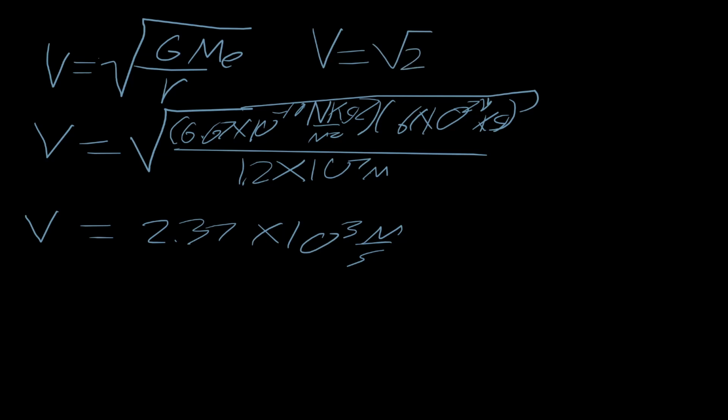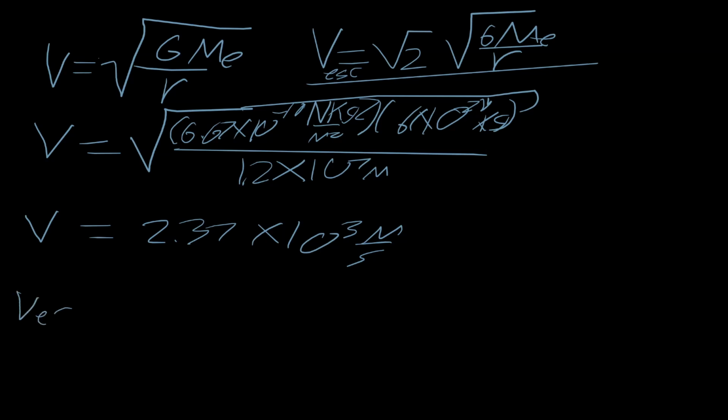It is just the square root of 2 times our gravitational constant times the mass of the Earth over the radius, and this will give us the escape velocity, which is another really great formula just to have written down. And once you calculate that, the escape velocity is equal to 8.17 times 10 to the 3rd meters per second.